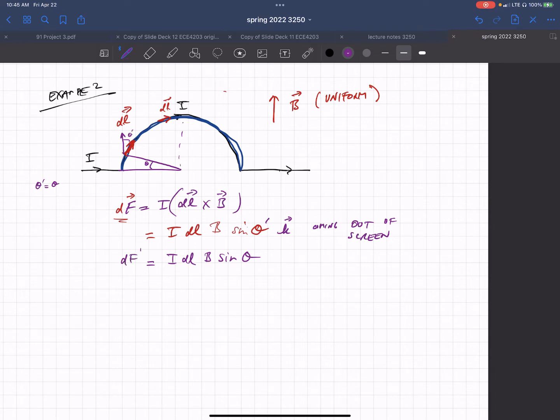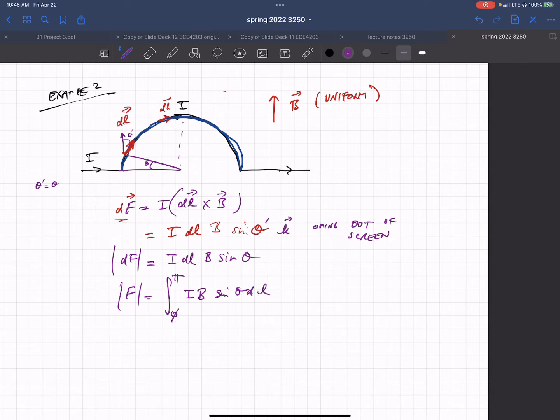So dF is going to be equal to this. Then to find the total force, I end up integrating dF. The value of the force is going to be the integral from 0 to pi of I B sine theta dl.